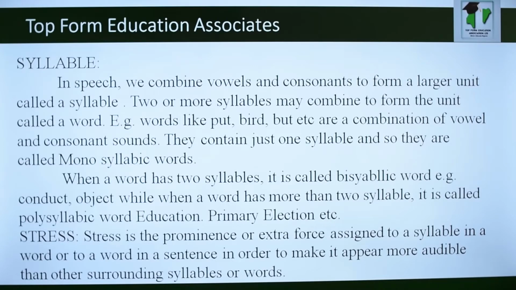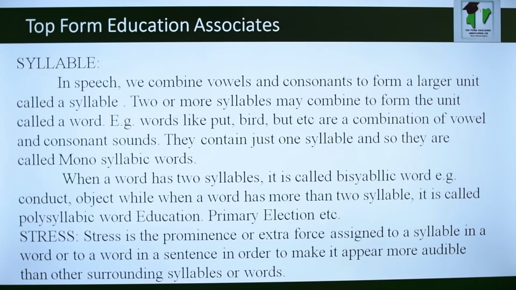It's no more mono. It's no more bisyllabic. It's now polysyllabic. So when a word has 3, 4, 5, 6, 7, or as the case may be, they're called polysyllabic words. And these are the words we are going to look at this morning, and how to stress the particular syllable that needs that particular word stress.